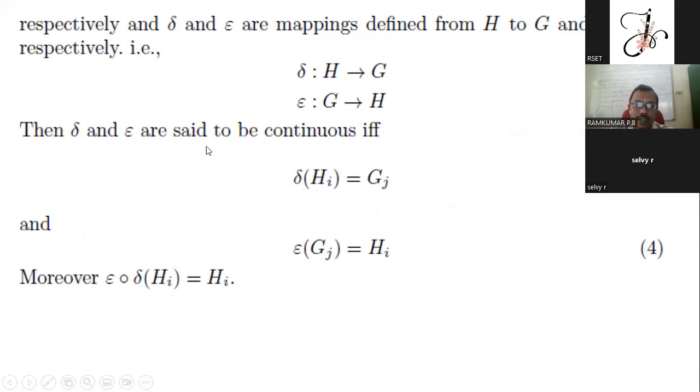Delta and epsilon are said to be continuous if and only if delta of H_i is equal to G_j and epsilon of G_j is equal to H_i, with the condition that epsilon composition delta of H_i equals H_i. So this is like an idempotent operation. If you take the composition epsilon composition delta or delta composition epsilon, that operator becomes idempotent.